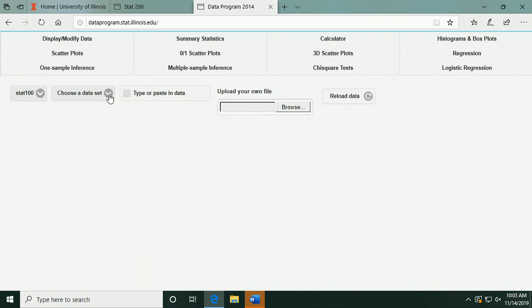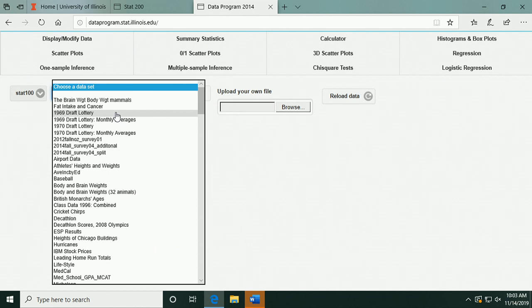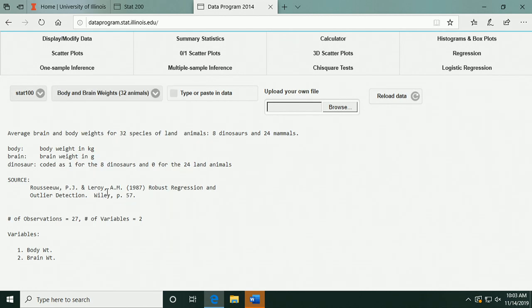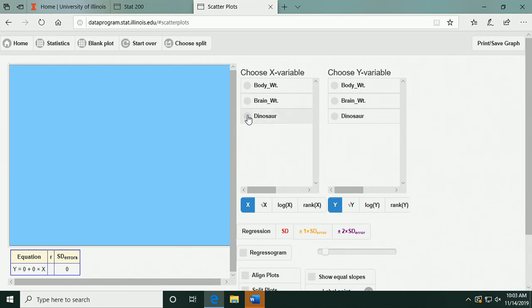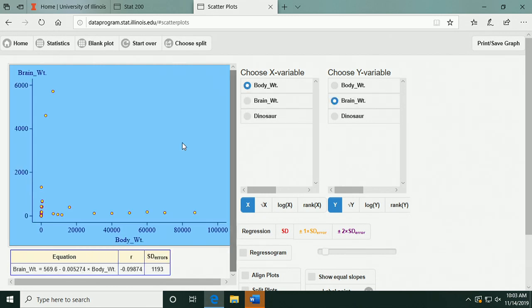Okay, so choose a data set, and it's going to be the body and brain weights of the 32 animals. Okay, so let's do that scatter plot. What we're doing is predicting brain weight from body weight. And we should get that same thing that's in your notes.